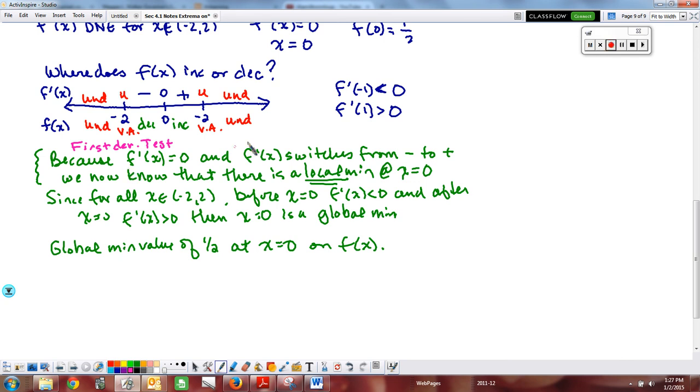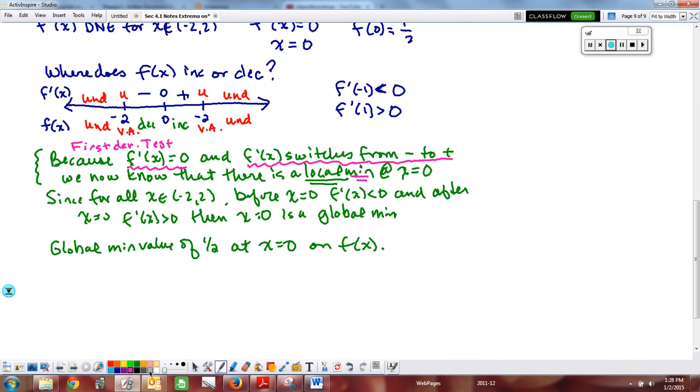Your derivative either is undefined or equal to 0, so that's this critical point. And then you have to show that the derivative switches from negative to positive, and that's what gets it to be the min part. Once we know there's a critical point, we know that it's a candidate for extrema, and then you prove that it's either a local min or a local max by looking at whether it's switching from positive to negative or negative to positive.